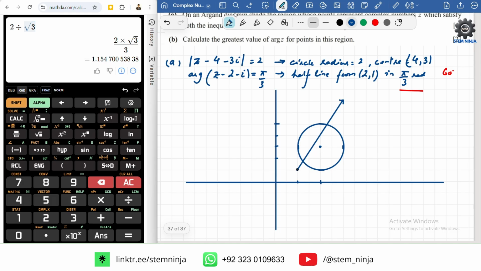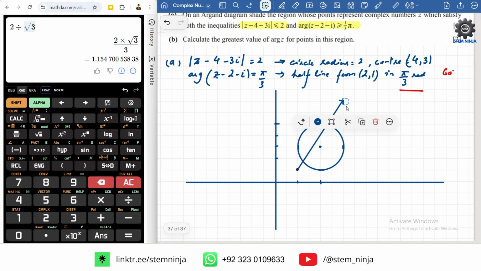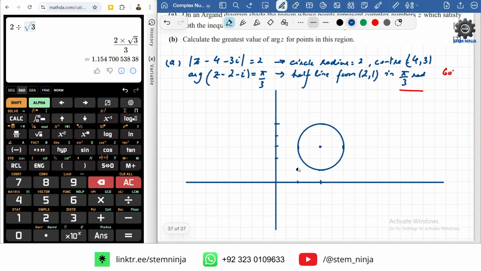This would be 45. If it were 45, then it would be passing right from over here. But since this is 60, it would be slightly over there. So pi by 3, you can have this.